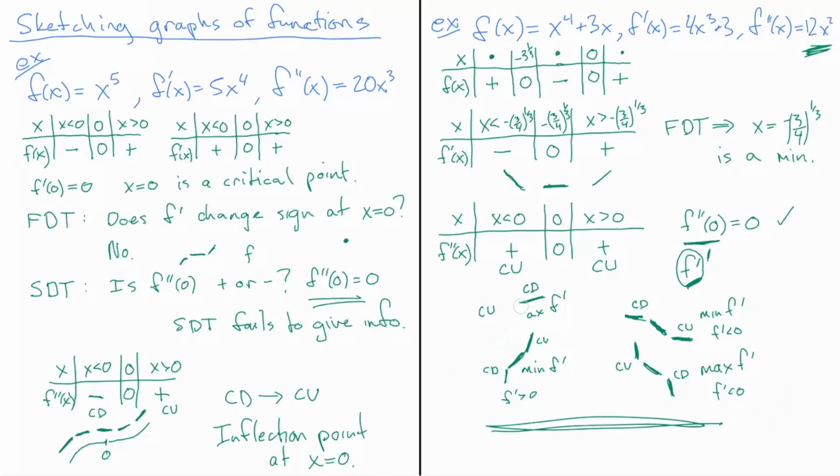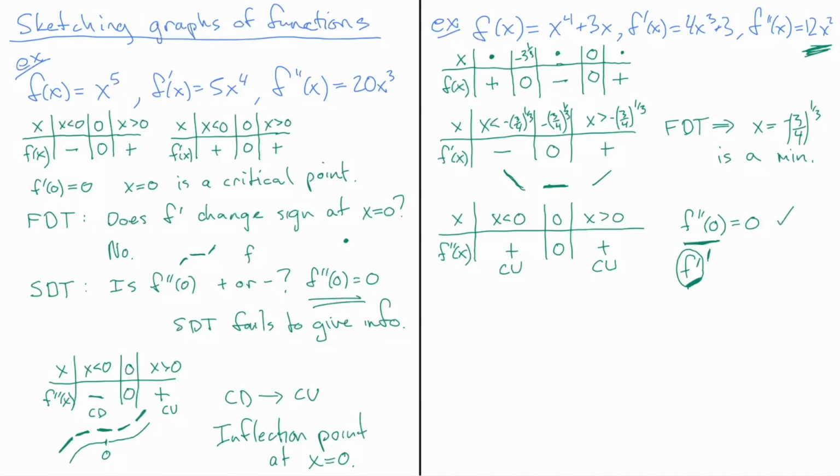Let me erase all these. So an inflection point in f prime, not in f, means that we have 0 here at the origin. On one side, we have a function that is increasing.